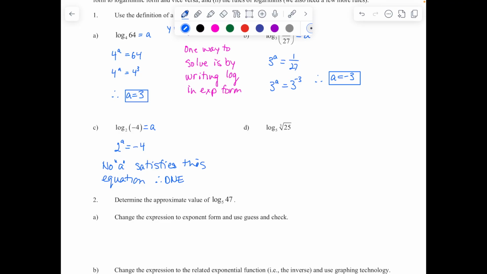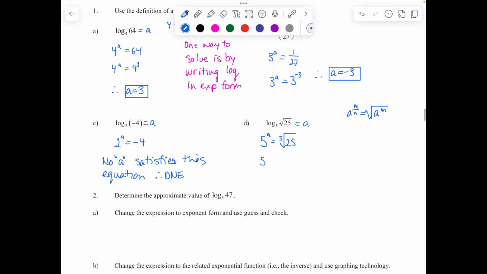Okay, now let's look at a radical. Again, I'm going to set this equal to a, and what this is saying is 5 to the power of a equals the radical. If you recall, a to the m over n equals the nth root of a to the m. This is a rule you would have learned last year.